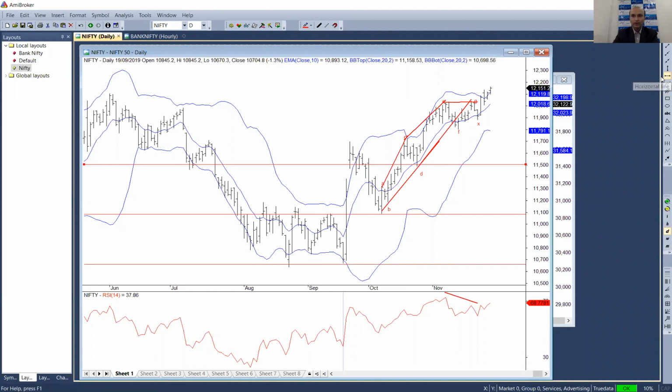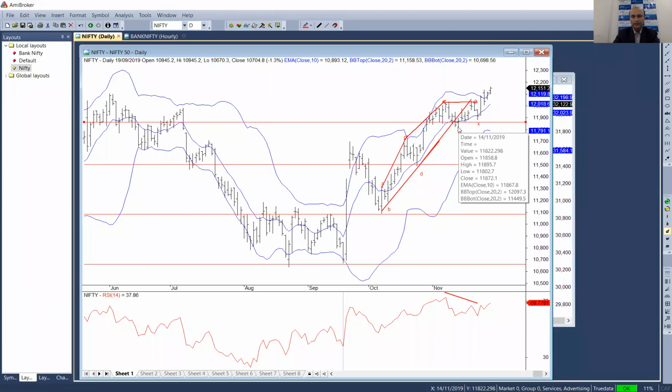Now, if you have been following me, I have been talking about this 11,880, 800 level for so much time, and this level was 11,881 just before the rally started. So this is the 881. This low was at a 802 odd level. So we just came there. Again, the entire consolidation happened here, and now we are moving up.